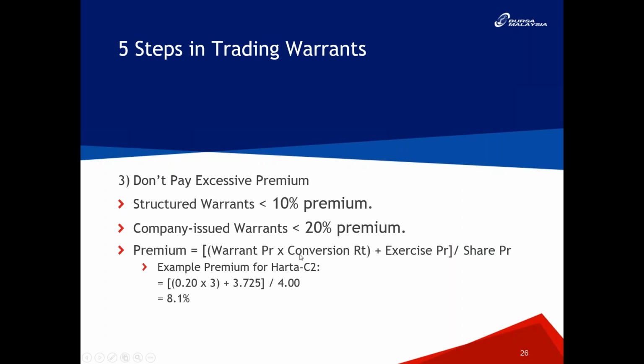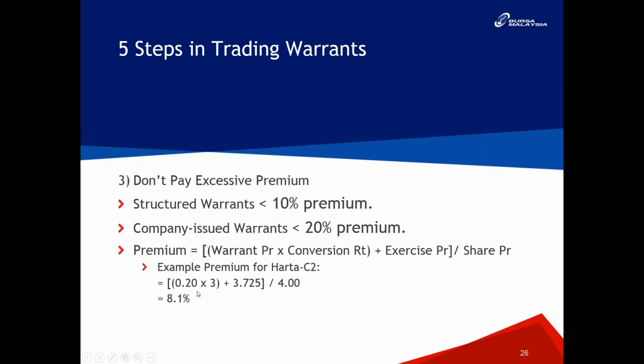You take the warrant price times the conversion ratio, the product of this you add to the exercise price, then the total of that you divide by the share price. I'll give you an example. The premium for Hata C2.